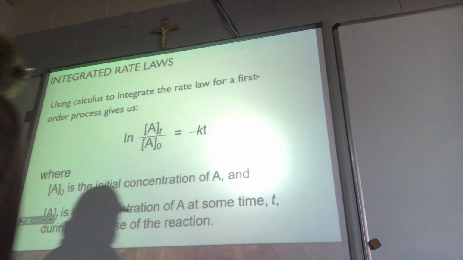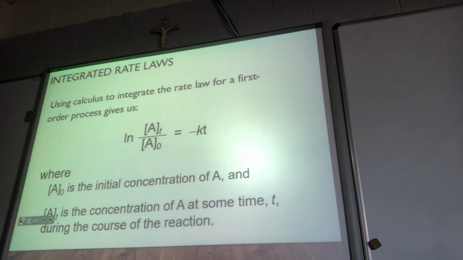In this chapter, we learn multiple methods for determining the rates of reactions by analyzing concentrations at various time points, as well as by just measuring initial rates.